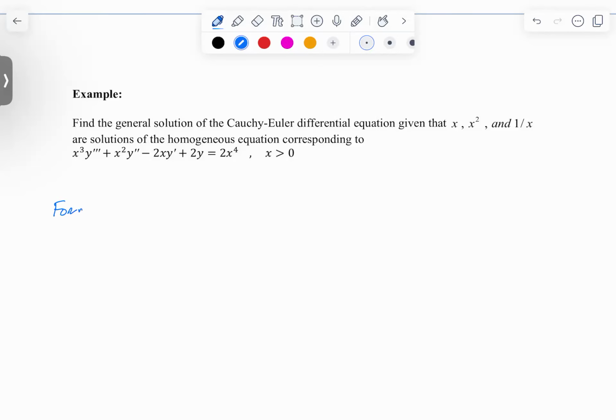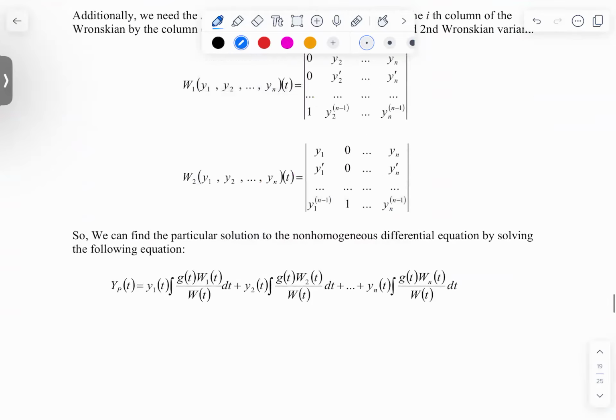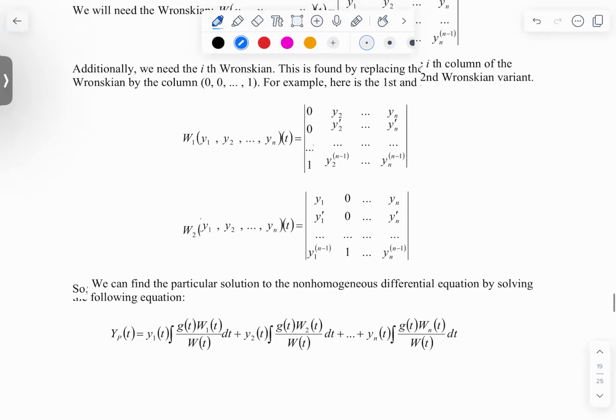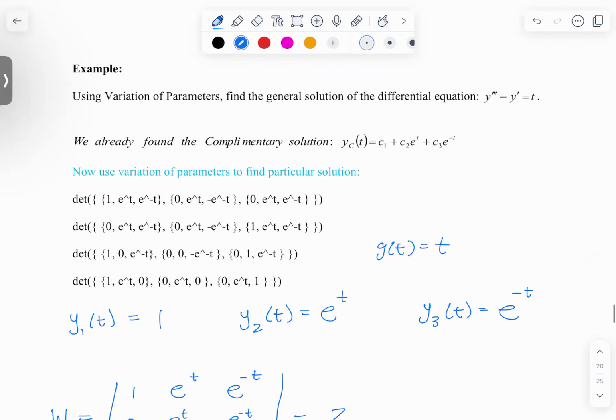Remember that form is still everything. In order to use variation of parameters, just like we had in section 4, the value in front of the highest derivative has to be a 1.